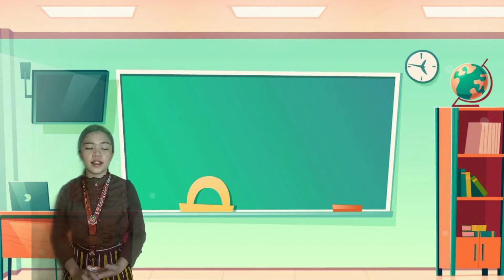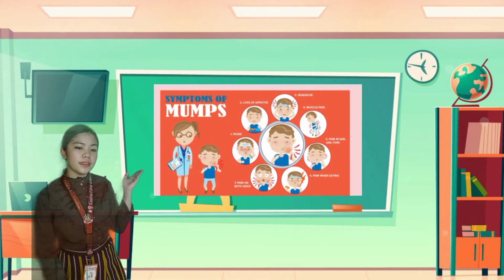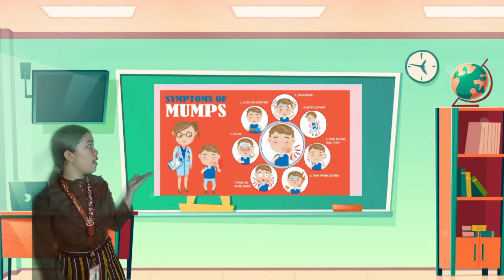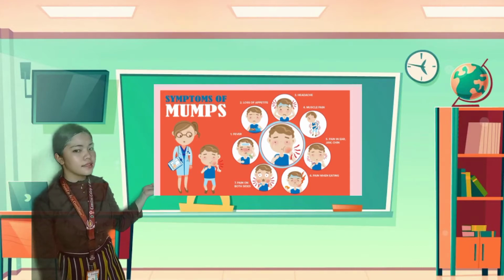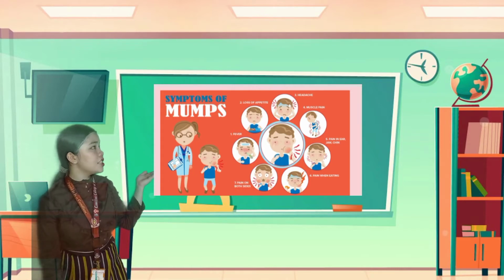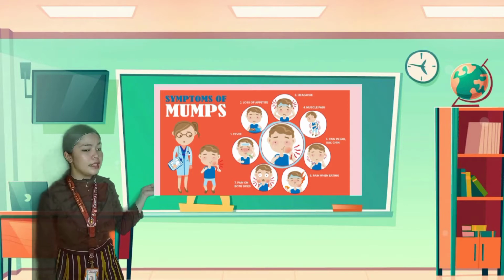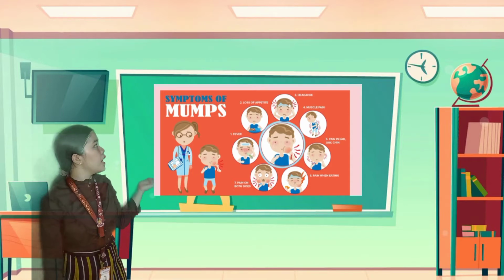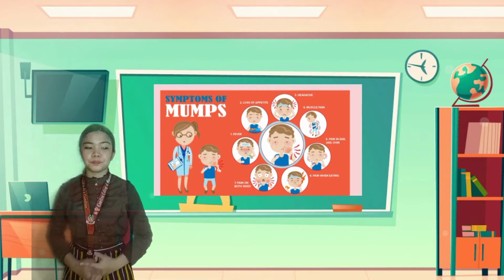Other signs and symptoms may include fever, loss of appetite, headache, muscle pain, pain in the ear, jaw, and chin, pain when eating, and pain on both sides of your cheeks.